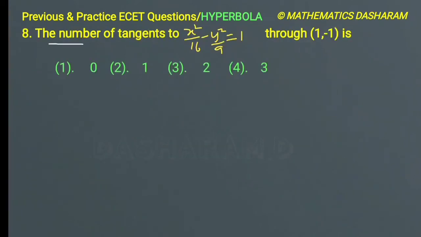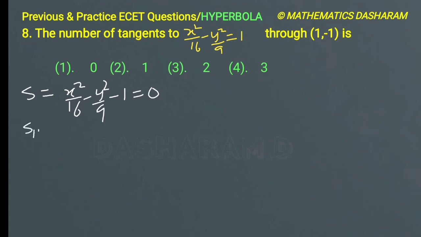Eighth question, the number of tangents to x square by 16 minus y square by 9 equals 1 through (1, minus 1) is. So let's take the given hyperbola equal to S. So x square by 16 minus y square by 9 and 1 transposed to the left side, so it equals 0. Now I am going to find S11.